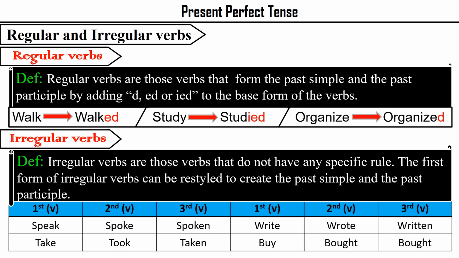It has three different forms. The spellings are different. You speak, you spoke, spoken. Or take, took, taken. Write, wrote, written. Buy, bought, bought, etc. There are many types of irregular verbs.